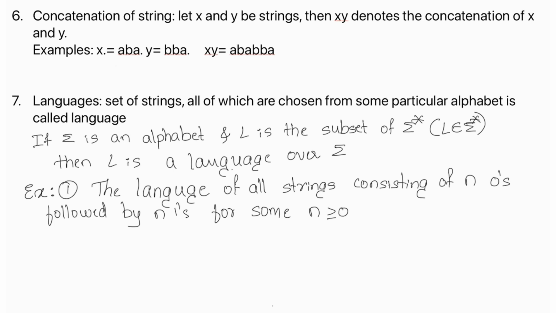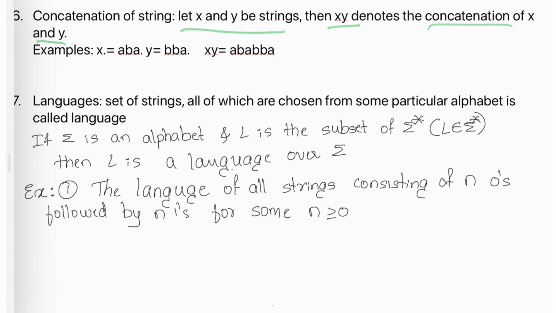So now we'll see about the next one, that is concatenation of string. Let x and y be strings. Then xy denotes the concatenation of x and y.